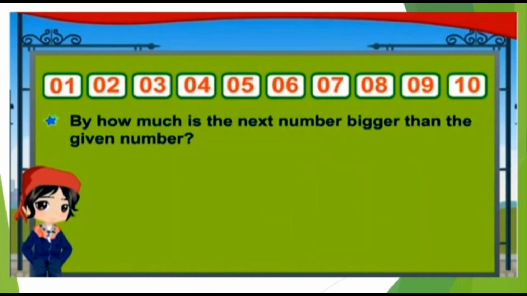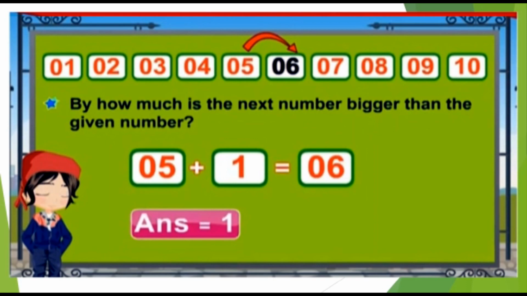Here are a few questions. First, by how much is the next number bigger than the given number? If you notice the number strip, you will find that the next number is bigger than a given number by 1. So the answer is 1.